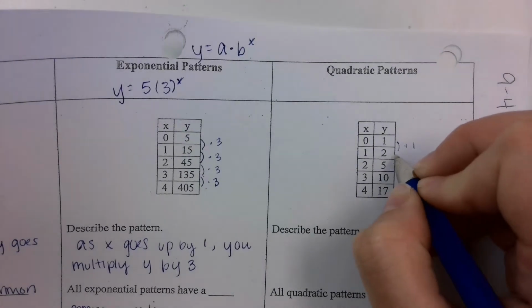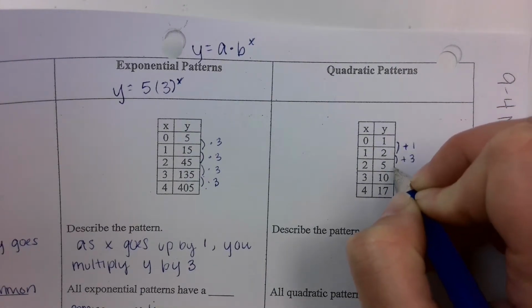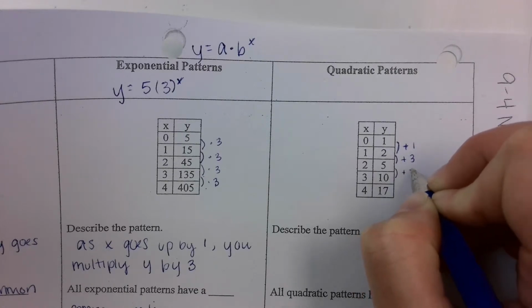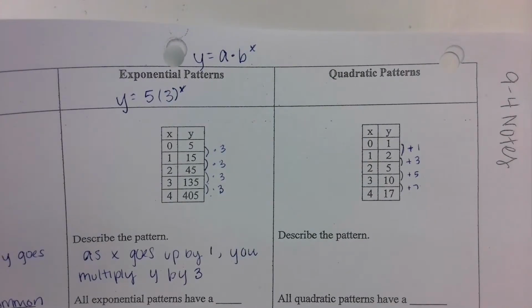From 2 to 5, what did they do? From 5 to 10, what'd they do? From 10 to 17. Is that a good rule? Do you think that's going to work every time? Okay. Are they multiplying by some number each time? Would that work for us better?